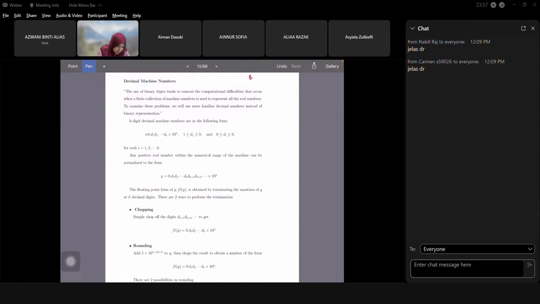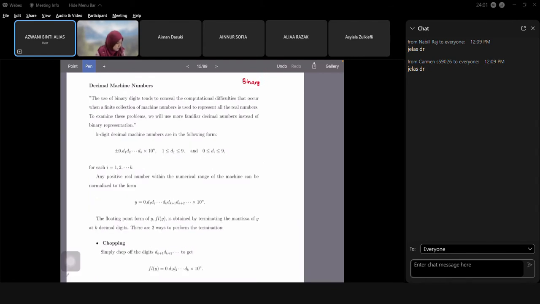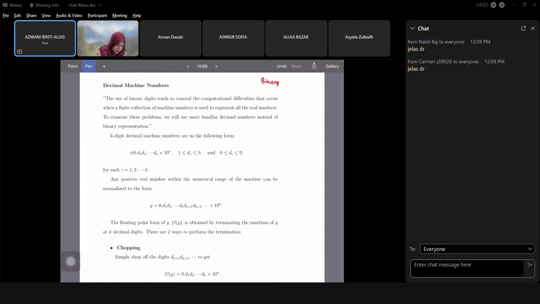If you tengok buku rujukan, okay, dia ada satu lagi part which is a binary machine number. Okay, this is yang saya pernah jelaskan hari itu, dia hanya melibatkan 0101 binary number.